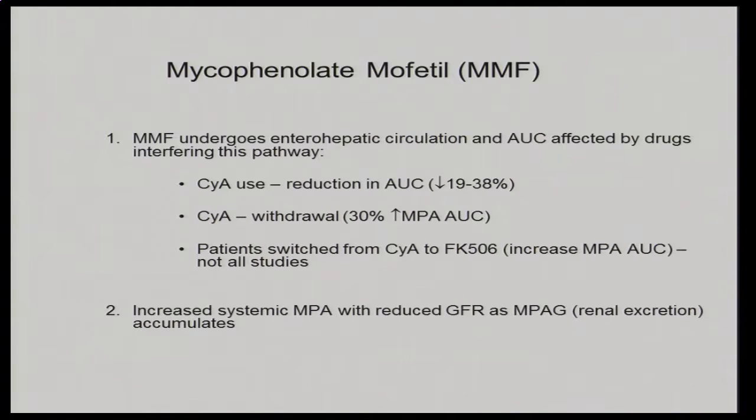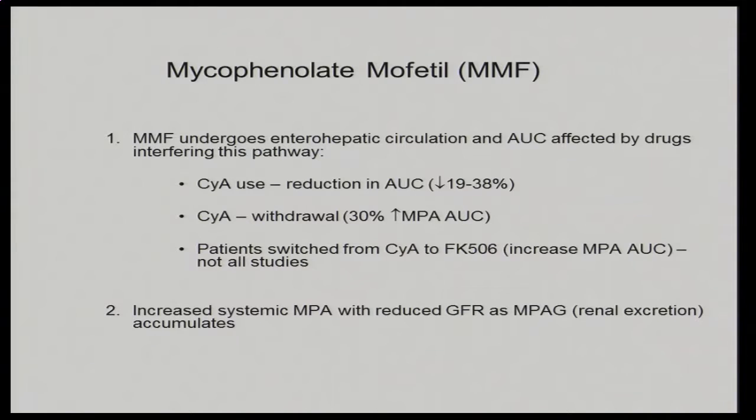One is when you're using it with cyclosporin, that produces a reduction in MPA or mycophenolic acid exposure through inhibiting that enterohepatic circulation. And number two, that enterohepatic circulation with the MPAG production, which is renally excreted, with renal failure, you get accumulation of the MPAG, which then goes back through the enterohepatic circulation and produces more MPA back through the gut flora with the conversion.